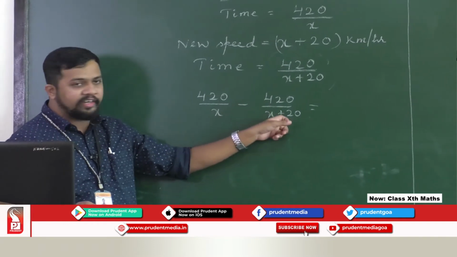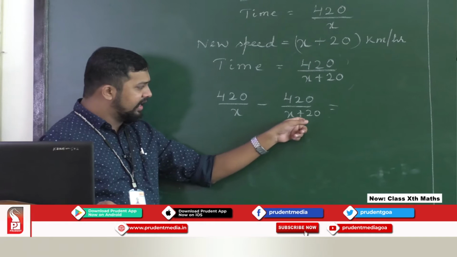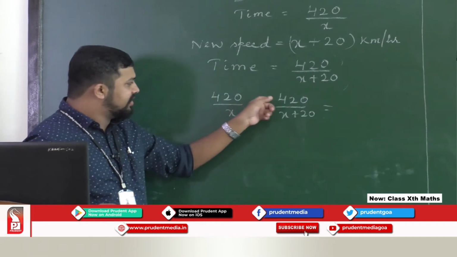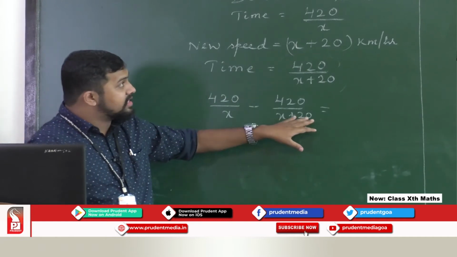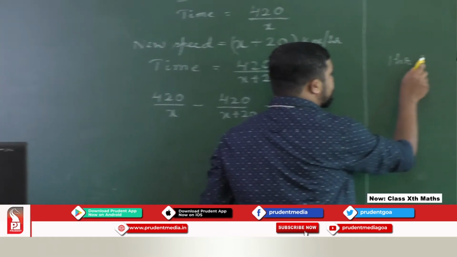Decrease means this quantity has to be negative. And remember one thing: if the middle sign is negative, then here this sign has to be the opposite of that. Now by how much does it decrease, or what is the time? He is saying that it will take 1 hour 45 minutes less. So I will write that 1 hour 45 minutes here.